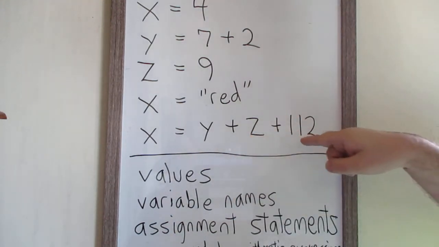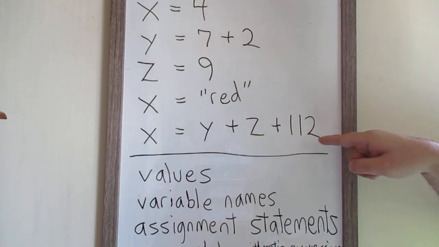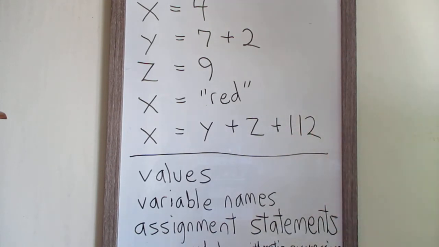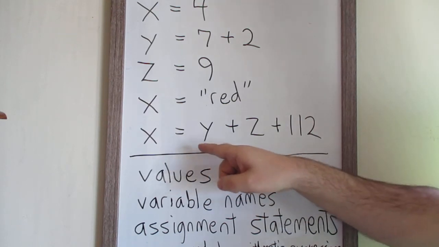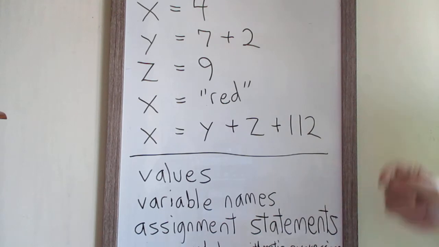This arithmetic expression evaluates to 9 plus 9 plus 112 and becomes a single number, 130. So the variable name x now refers to the value 130 after all 5 assignment statements have been executed.